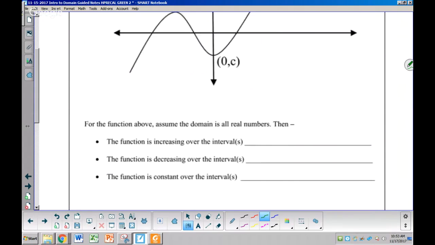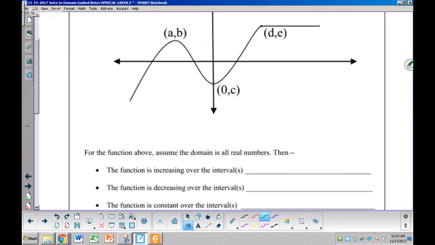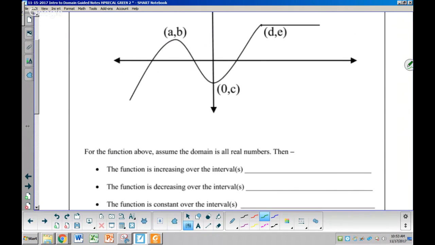This function is increasing. I want the x intervals where this function is increasing. This is A, this is 0, and this is D. So moving from left to right, what are the x intervals where the function's increasing? From negative infinity to A, and 0 to D, yes.